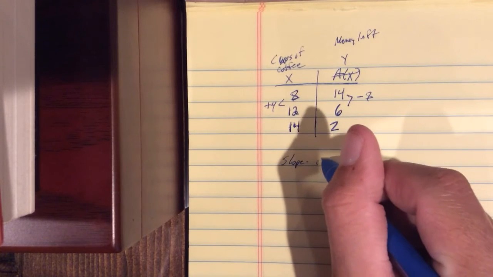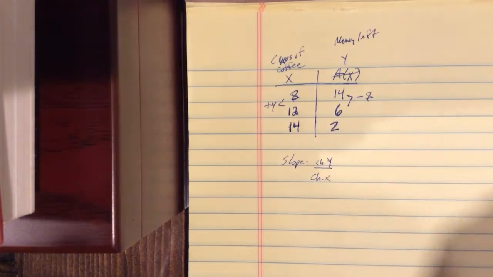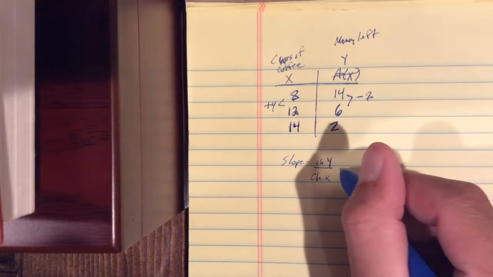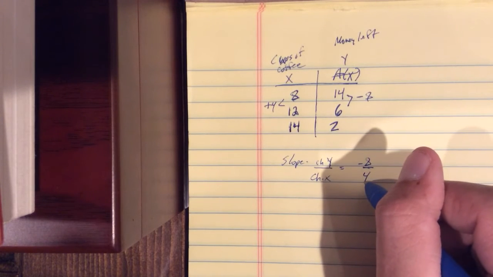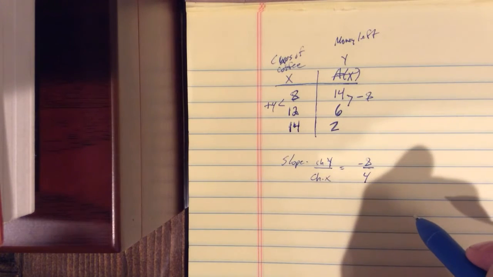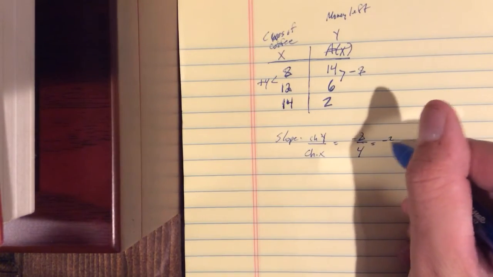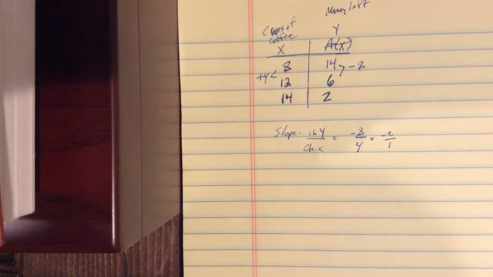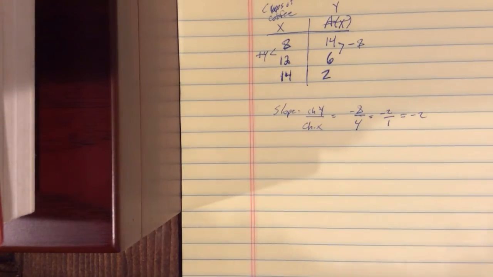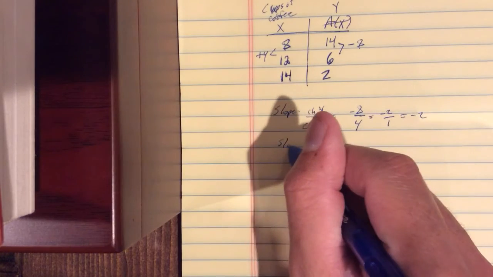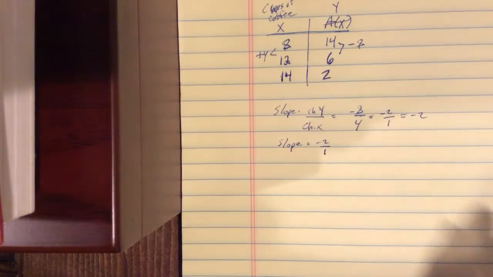Slope represents the change in Y over the change in X. So I would make that a negative 8 over 4. Then I can reduce that, and that becomes negative 2 over 1, which is just negative 2. So my slope is negative 2. It's going to make sense when I put the 1 underneath.